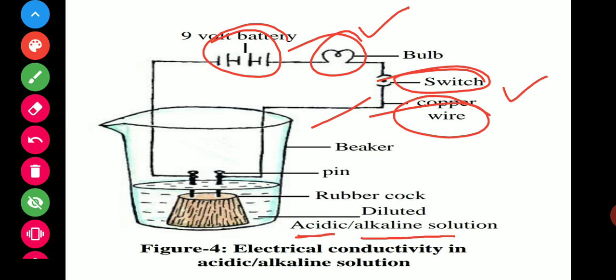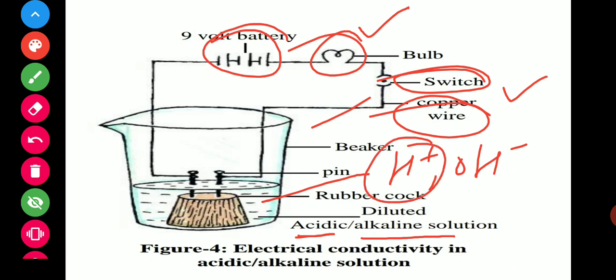Why? Because of the presence of hydrogen ions and hydroxyl ions. Hydrogen ions are formed by the acid, and hydroxyl ions are formed by the alkaline solution. So due to the presence of these hydrogen ions or hydroxyl ions, the conductivity of this liquid increases, so the bulb is always glowing.